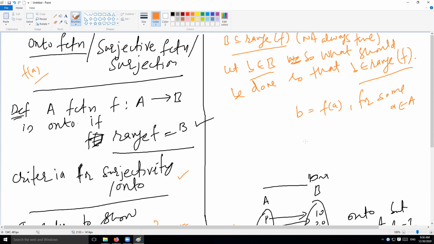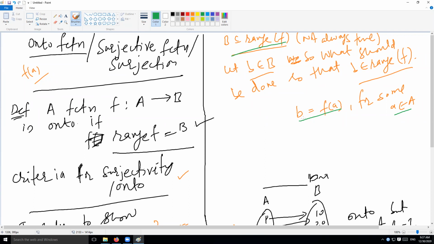So what is the net conclusion? The net conclusion is, if you want to prove that B is a subset of the range of f, you have to find an a for which b is equal to f of a. In other words, for which b is the image and a is the pre-image.